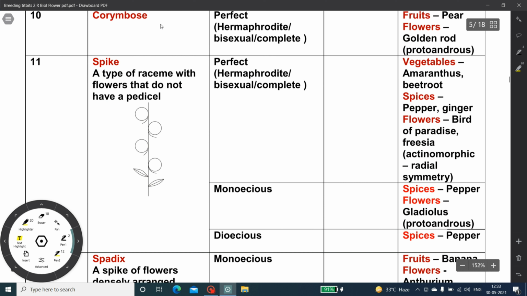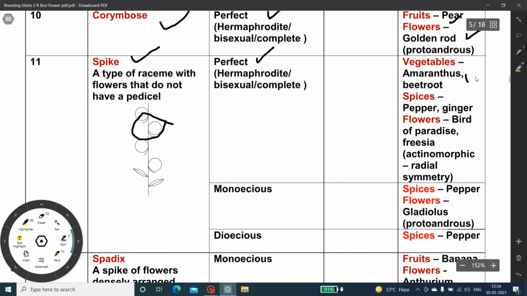The tenth one is corymbose. The flowers are perfect. The best examples are pear and goldenrod. The 11th type of inflorescence is spike. It is a raceme with flowers that do not have a pedicel. The flowers are perfect flowers.